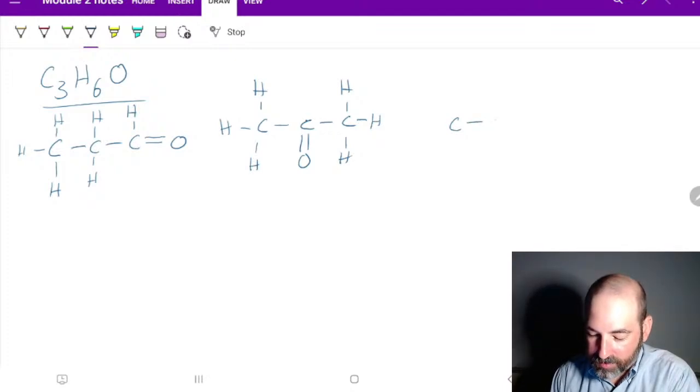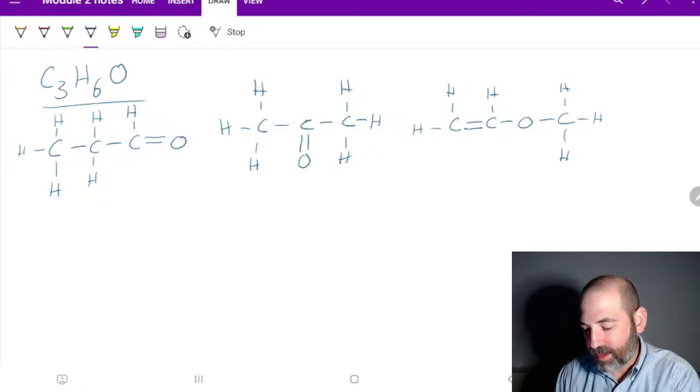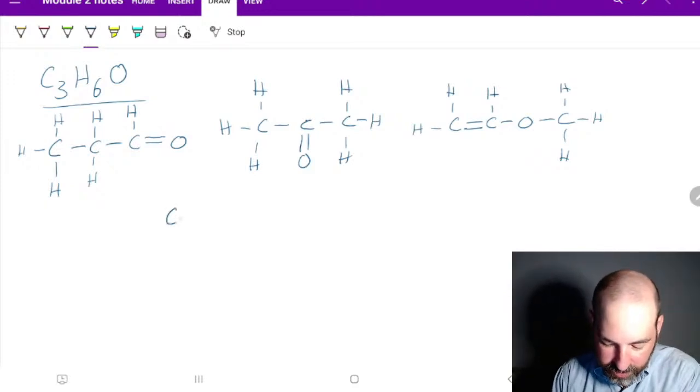But we could do something like CCOC with a double bond here and something like that. That would work. If we want to do a ring structure, we could put the oxygen in the ring and make like a square, kind of like that.